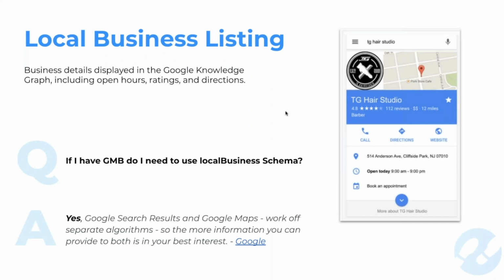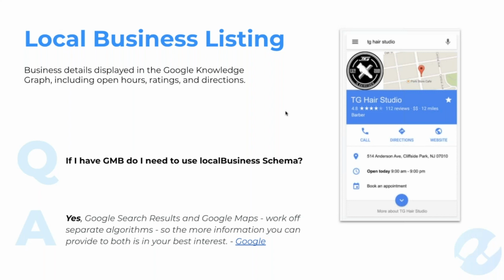It's essentially someone asking Google, hey, if I do this, do I also have to do that? And the idea behind that was, yes, you do, because they're pulling from 2 different databases. One's pulling from Google search results, and another one's pulling from Google Maps. They work off separate algorithms. So the more information that you can provide to Google, they can then dish out that information in their SERPs as they deem appropriate.